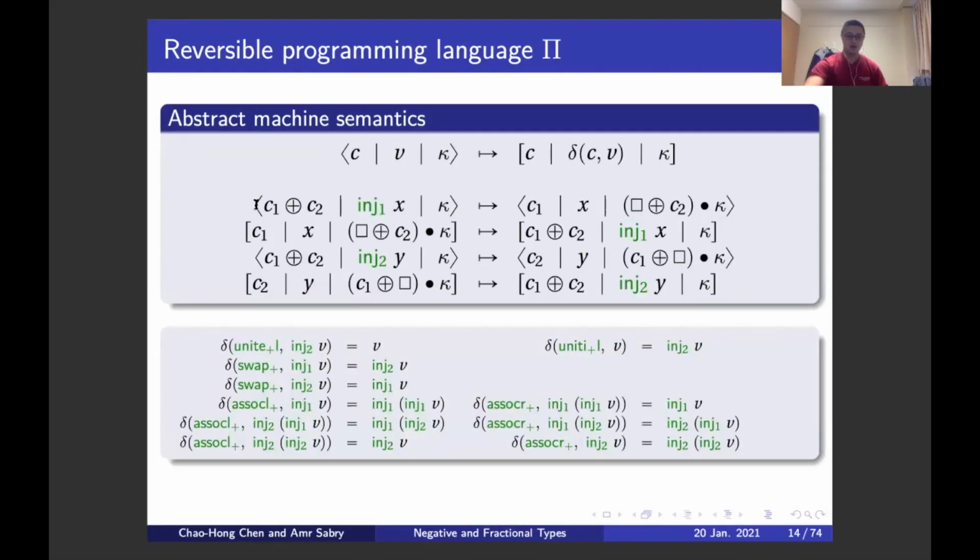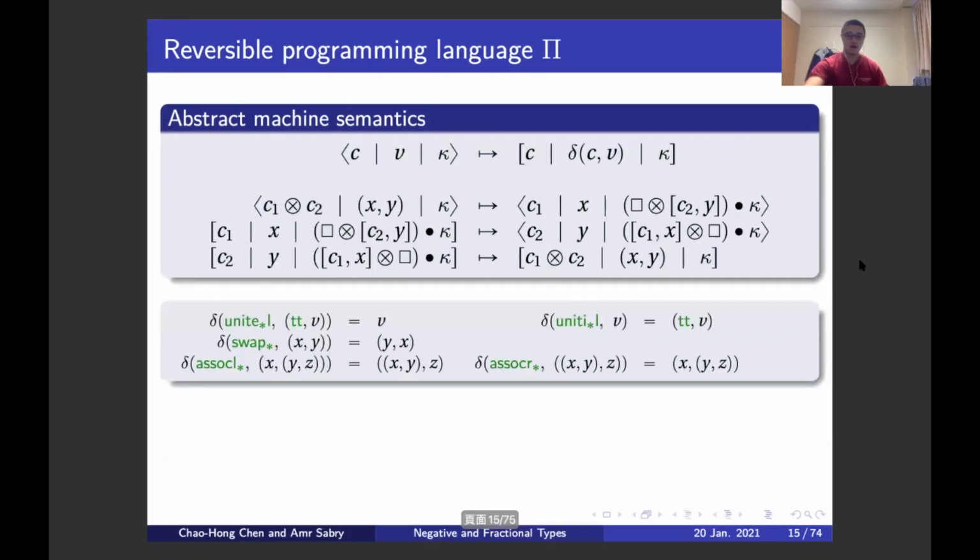And these are the rules for the sum types related combinators. So these are all performing permutations on sum types in the straightforward way. And in here, we just call C1 or C2 depending on the inputs. And for product types, this is also intuitive.